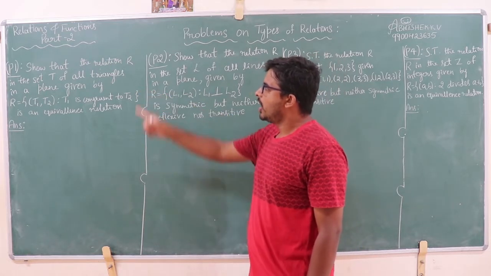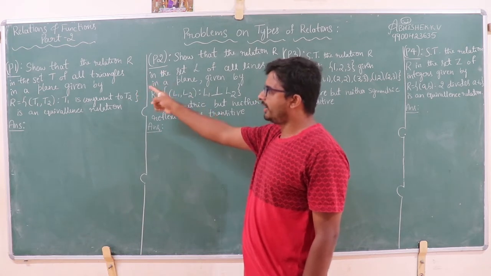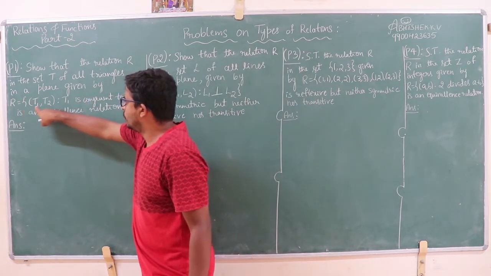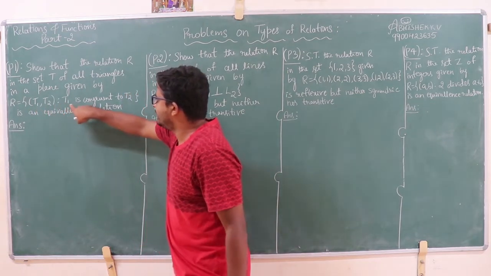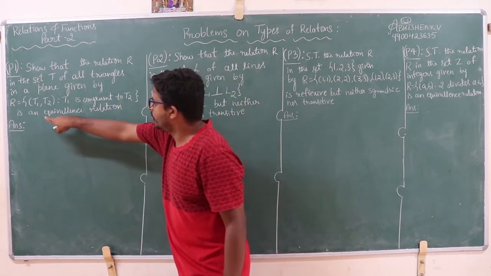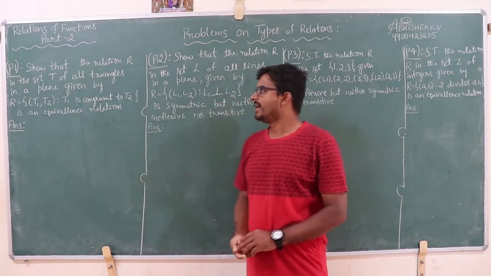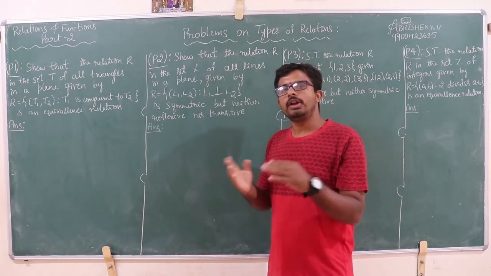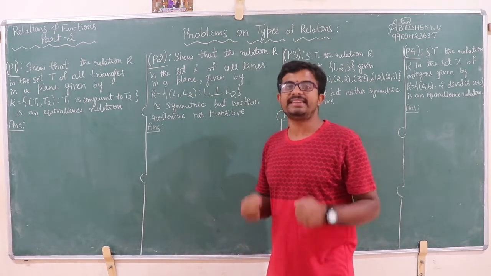Here the given problem is: show that the relation R in the set T of all triangles in a plane, given by R equals the ordered pairs T1 and T2 such that T1 is congruent to T2, is an equivalence relation. This is the relation. We are going to prove this relation is an equivalence relation. See, to prove whether it is reflexive, symmetric or transitive, first we need the basic set.